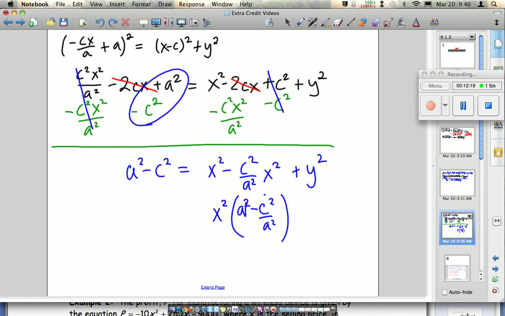So this will end up as a squared over a squared. So altogether, this quantity here will be a squared minus c squared over a squared, plus y squared equals a squared minus c squared.